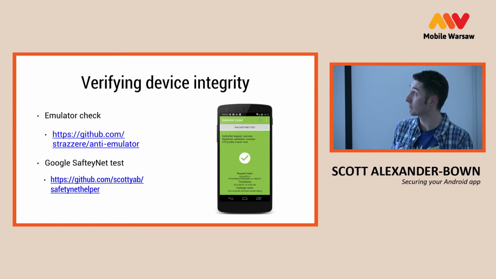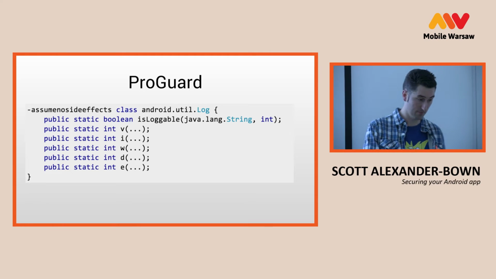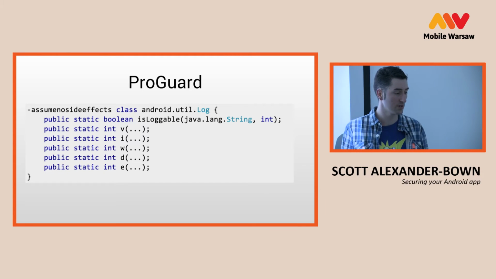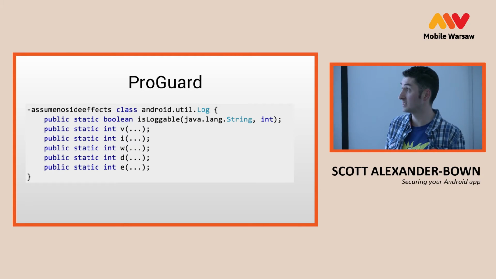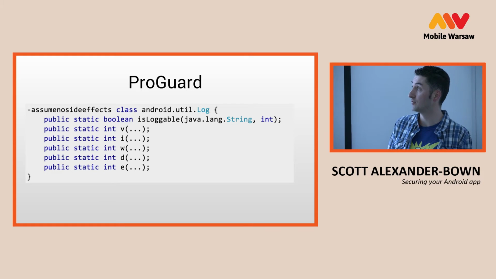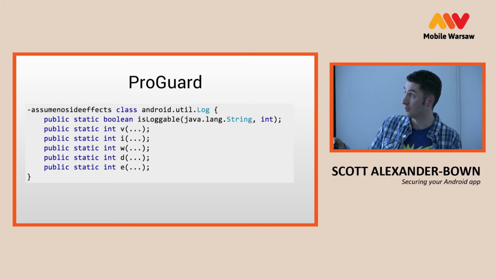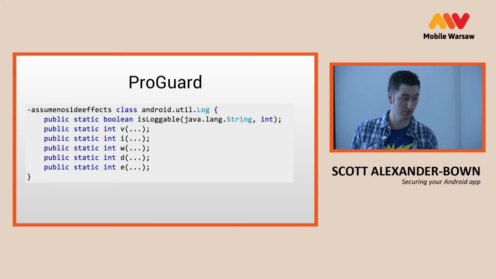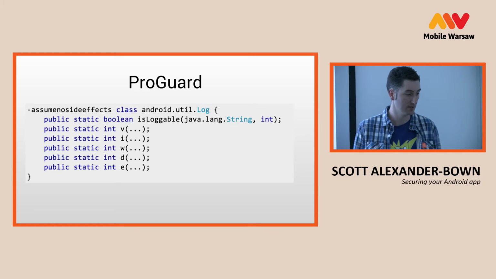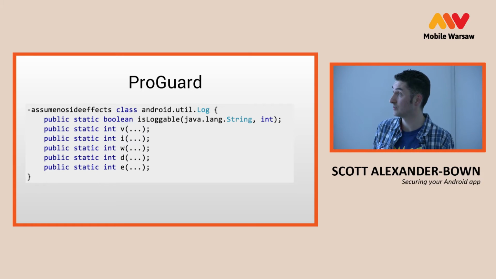But yeah, just moving on to ProGuard. I won't go into too much detail about what ProGuard is, but if you're using it, one of the things that I like to do with it is strip out all my log statements from my app, specifically for my release build.